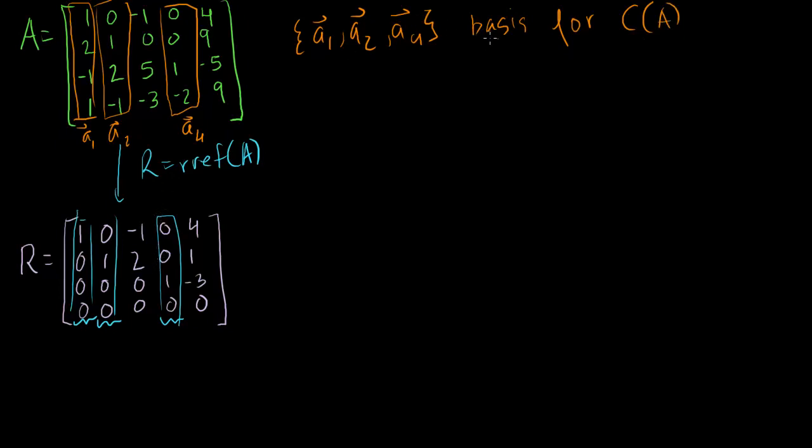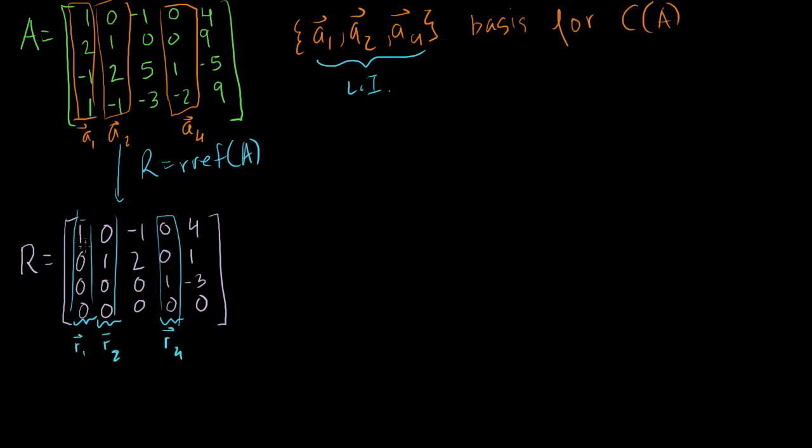Now, in order for these to be a basis, two things have to be true. They have to be linearly independent. And I showed you in the very last video that, let's say this guy is R1, this guy is R2, and this guy is R4, it's clear that these guys are linearly independent.